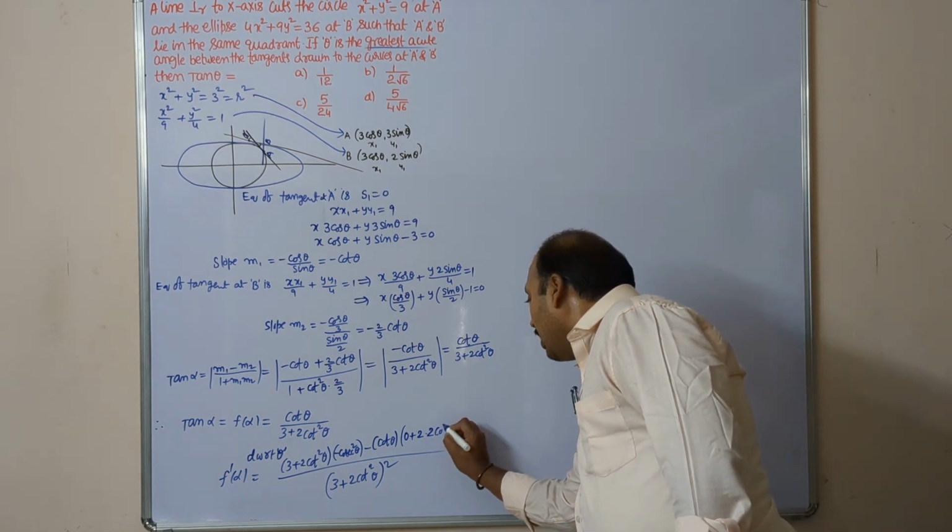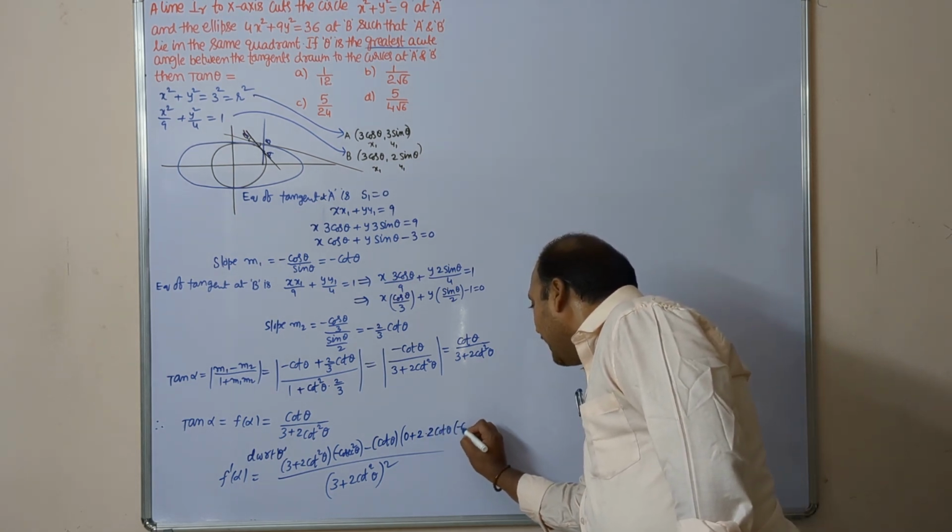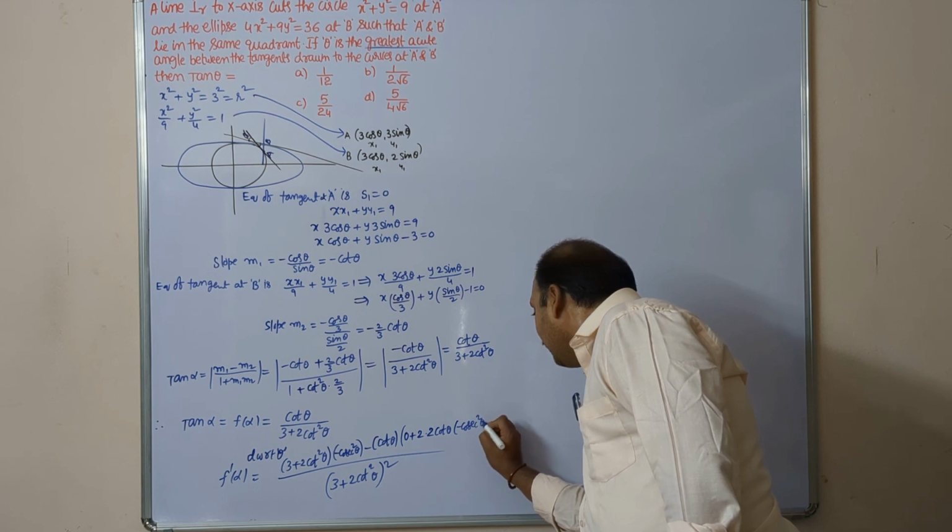So 2 into cot theta, again cot theta derivative minus cosecant square theta.